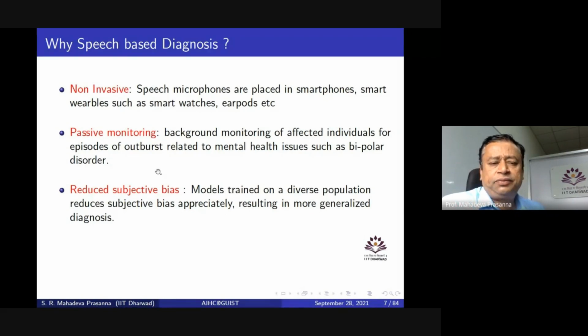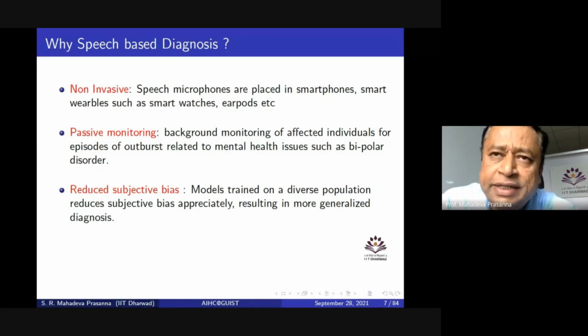Second thing is, we can do passive monitoring when we use speech. By passive monitoring, I mean, for example, if you go for ECG analysis, or even EEG, sensors are always stuck onto different parts of the body. It creates some inconvenience for the person because they have to carry those sensors with them.